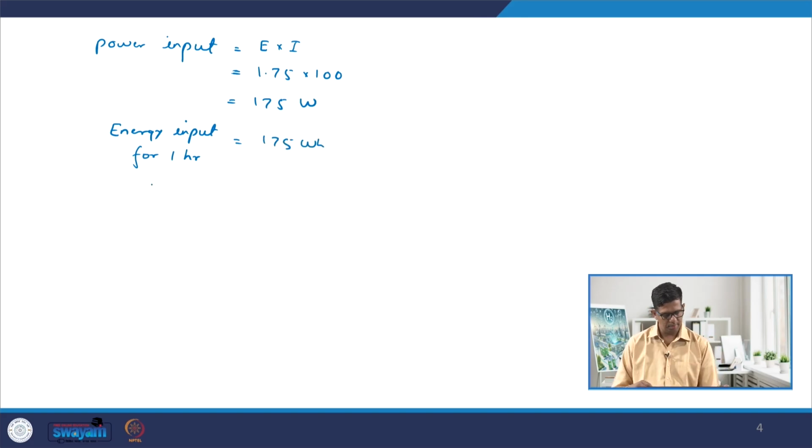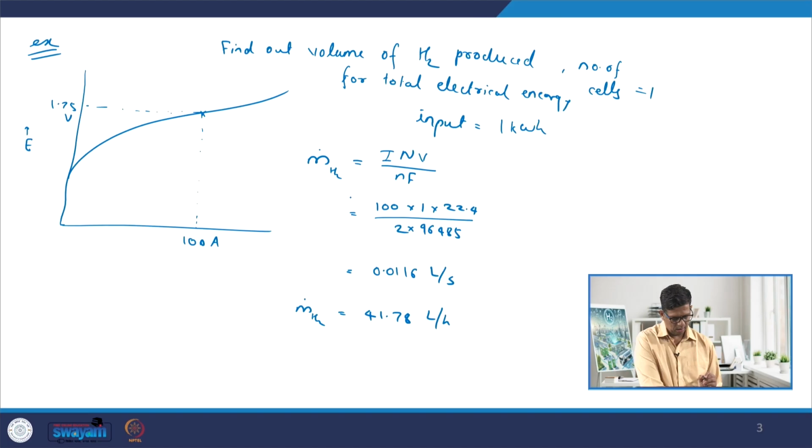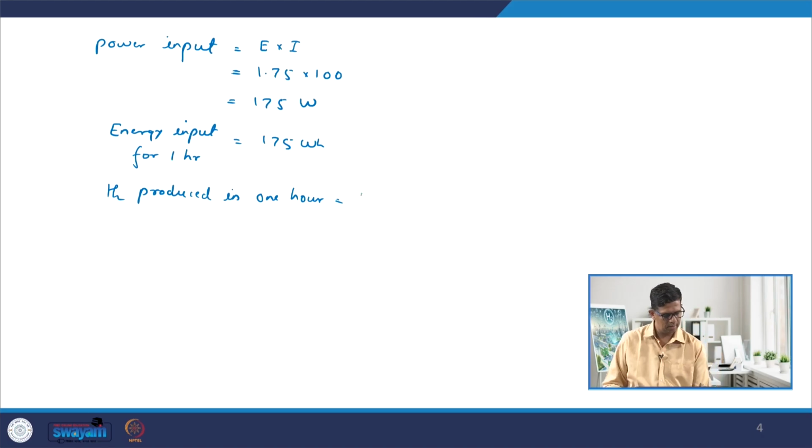And hydrogen produced in 1 hour, as we have already discussed, is roughly 41.78 liters per hour. In other words, if I run this electrolyzer for 1 hour, it is going to produce roughly 42 liters. So, let us go ahead and compare with the total energy input as the problem asks.